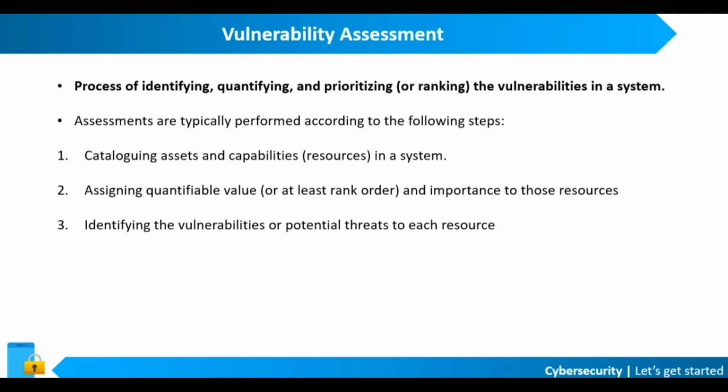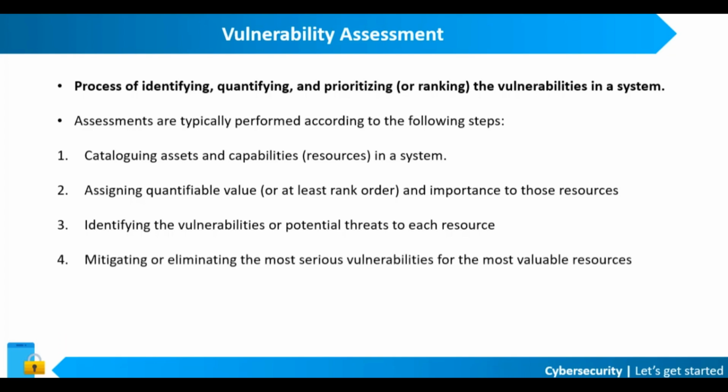The next step is that the penetration tester or ethical hacker identifies the vulnerabilities or potential threats to each of the resources. Now, the security scanning process consists of 4 basic steps. First is testing, second is analysis, third is assessment, and fourth is remediation, that is, mitigating or eliminating the most serious vulnerabilities for the most valuable resources first.